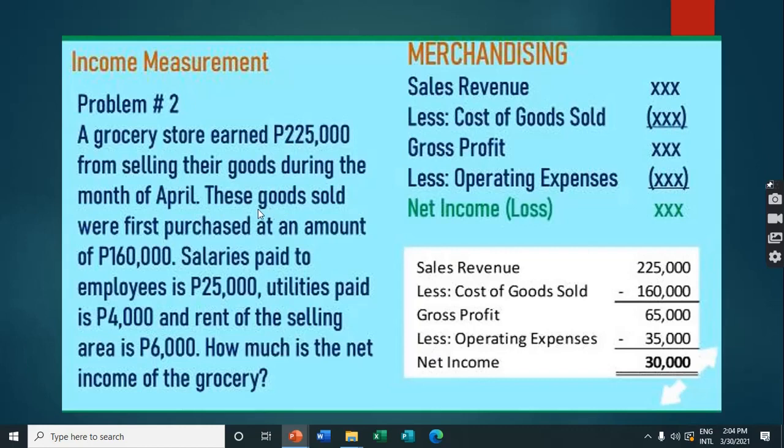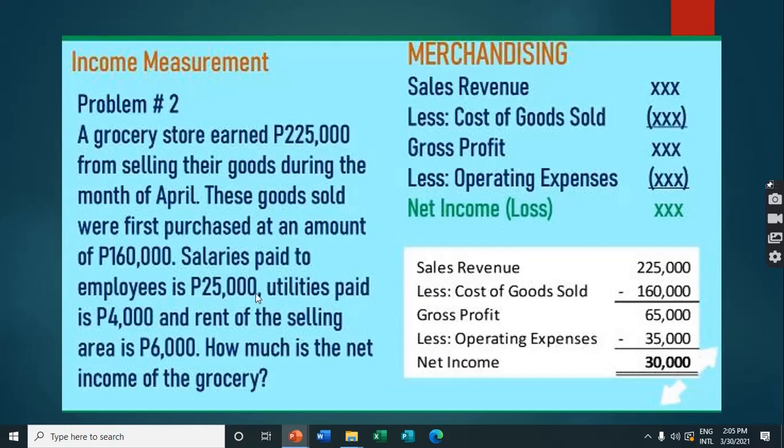So, these goods were first purchased at an amount of 160,000. So, salaries paid to employees is 25,000. And then, your utilities, which is 4,000, and also the rent of the selling area is 6,000. So, how much is the net income?